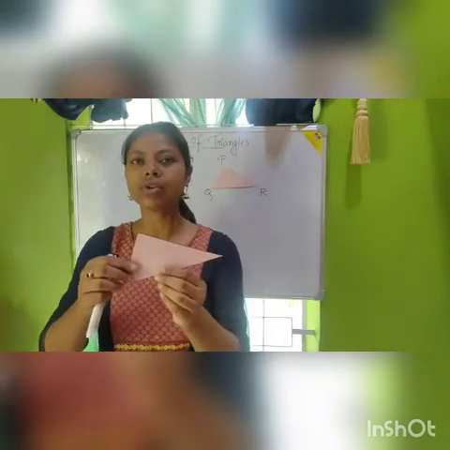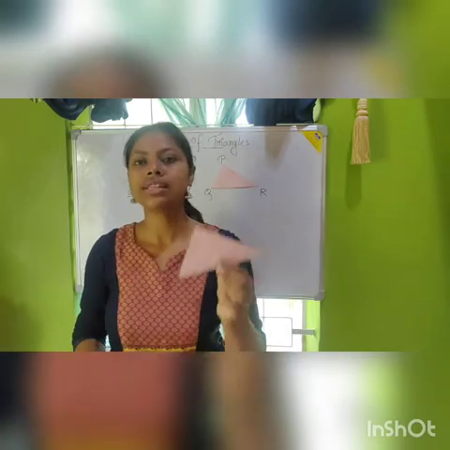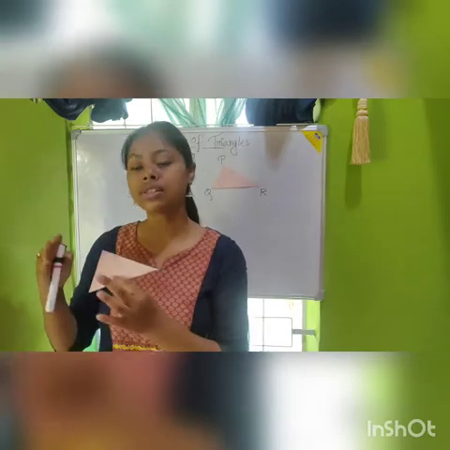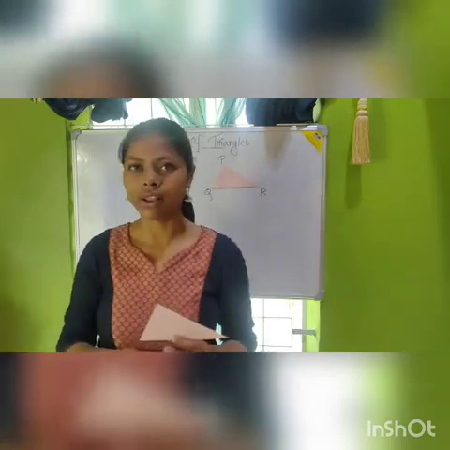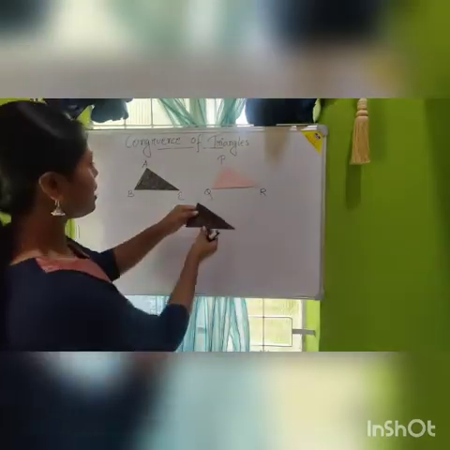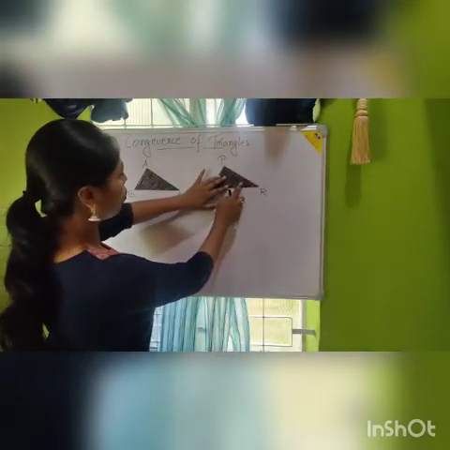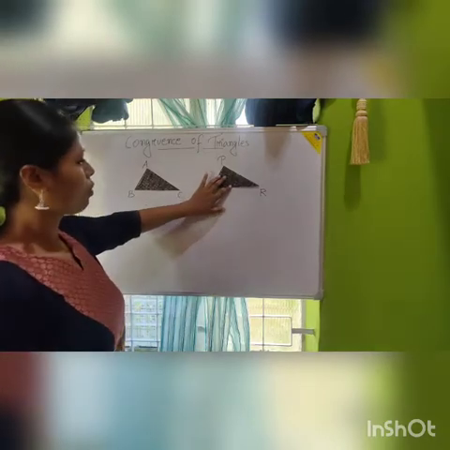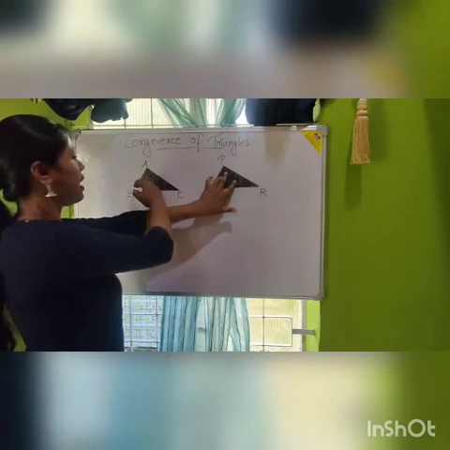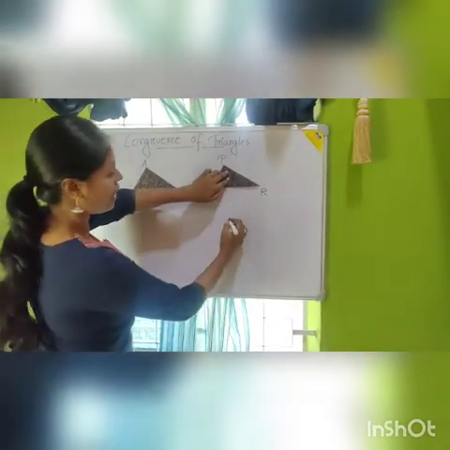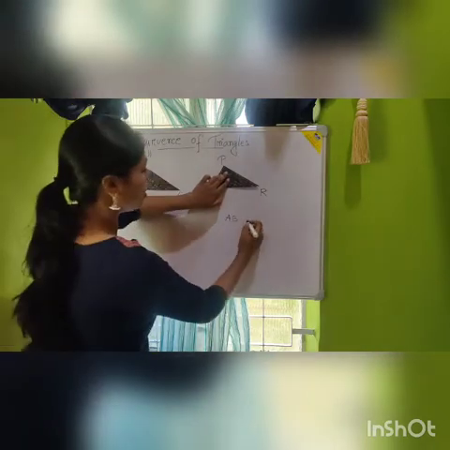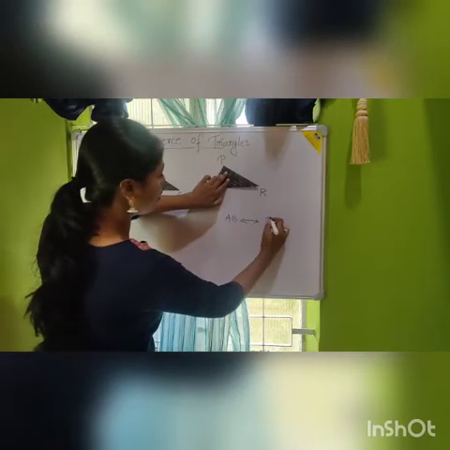In what order are they congruent? That means which side of one triangle is exactly equal to which side of the other triangle. If I place this black triangle over the pink triangle, you can see that side AB of triangle ABC corresponds to side PQ.